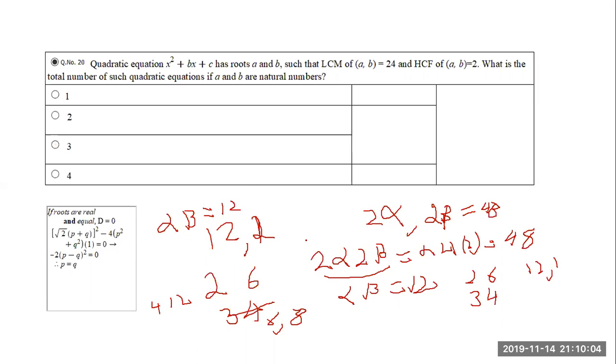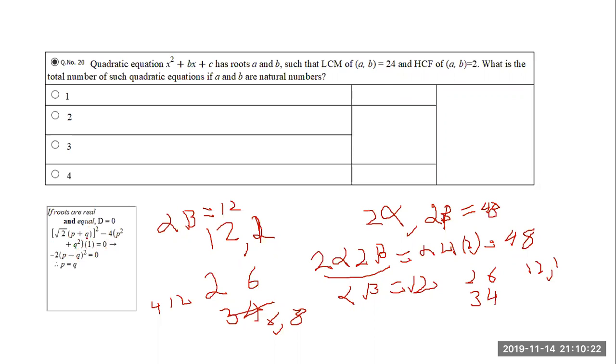Okay. Alpha beta is equal to 48. 12. Alpha beta is equal to 4. Therefore, I just left it. This may not come. But this question is root 2 p plus q whole squared minus 4 into p squared plus q squared into 1 is equal to 0.